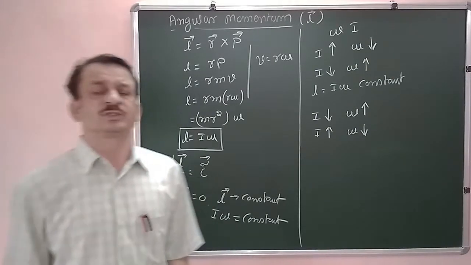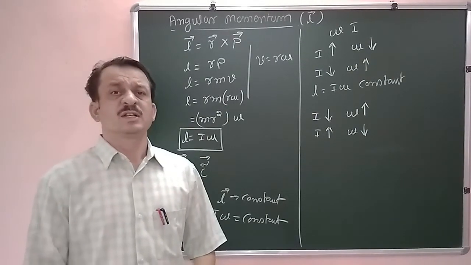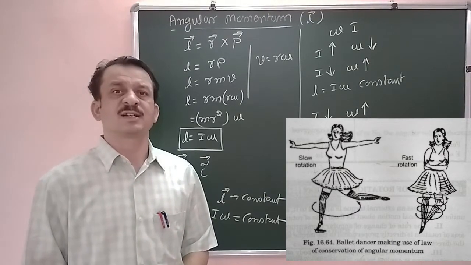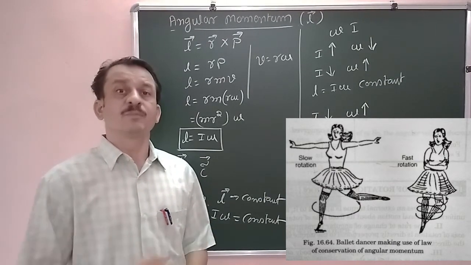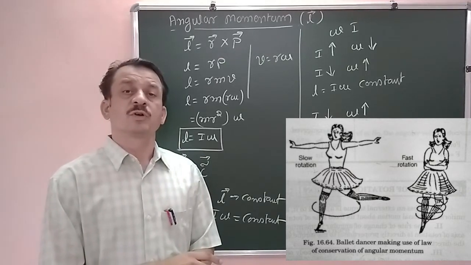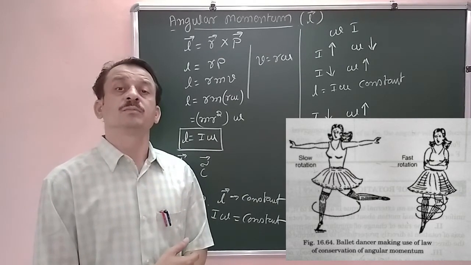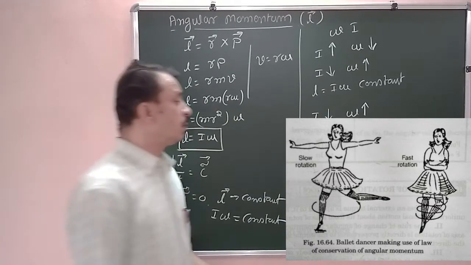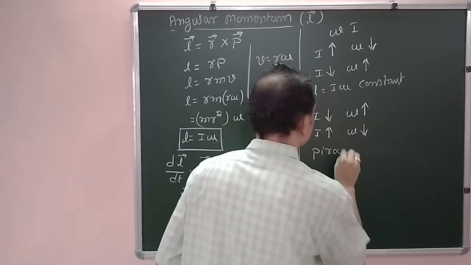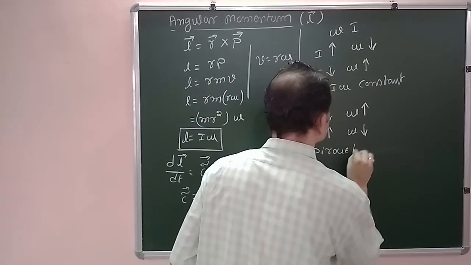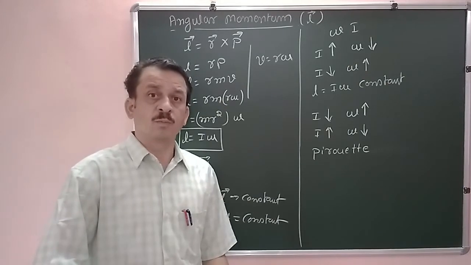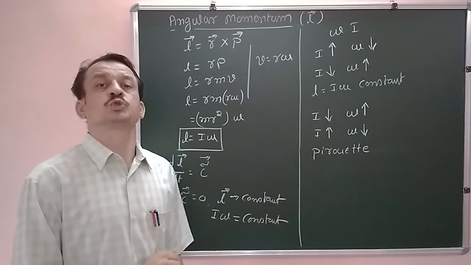The other examples: some classical dancers, Western dancers, and even skating performers use the concept of conservation of angular momentum. They are going to perform a pirouette, that is, they perform over their toes.